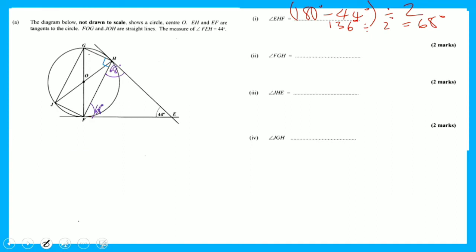And that will give you 68 degrees. But here we are, watch this. We know that HFE is 68 degrees. And we also know that there is a chord here meeting a tangent. We should remember that where the tangent and chord meet, we should look at that same chord in the opposite segment, the alternate segment, and it will be equal to this angle right here.